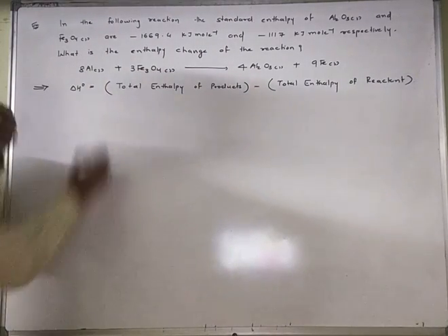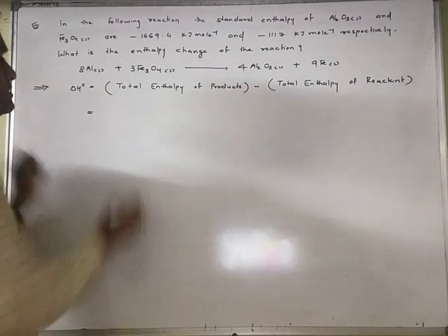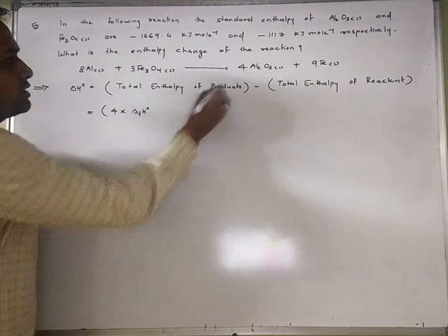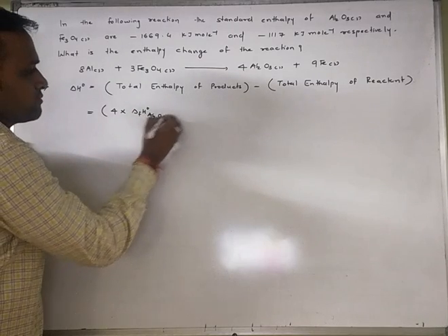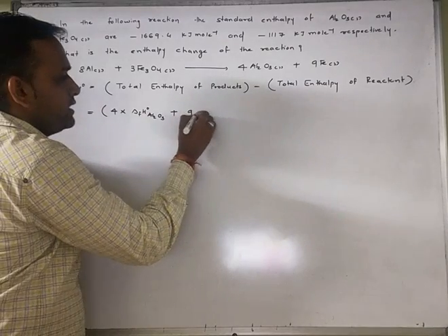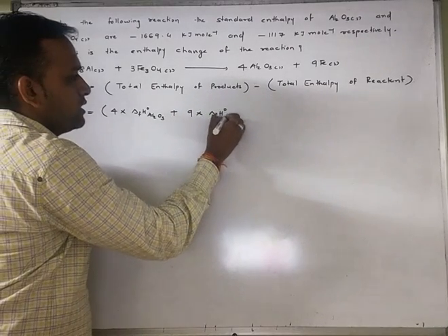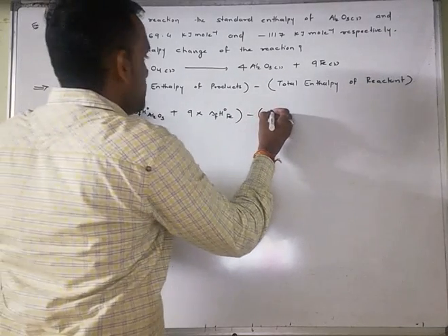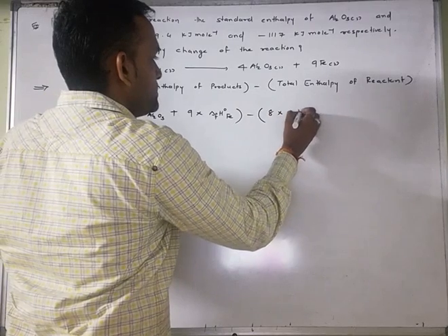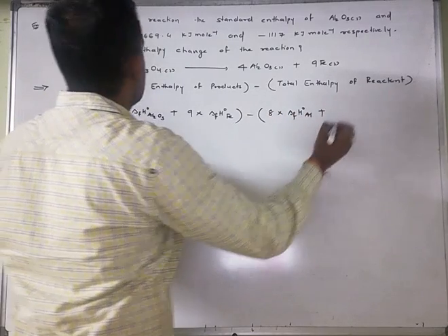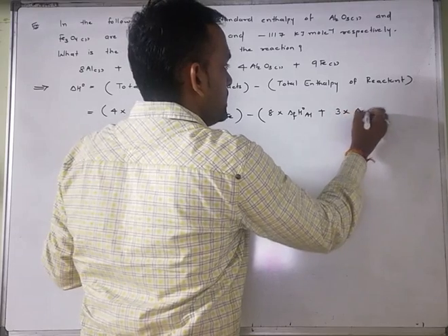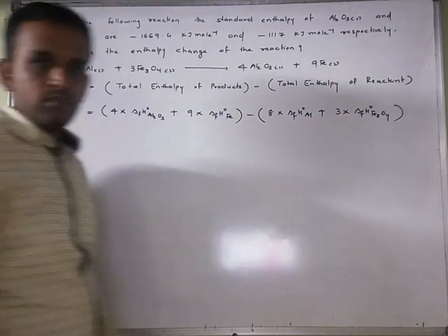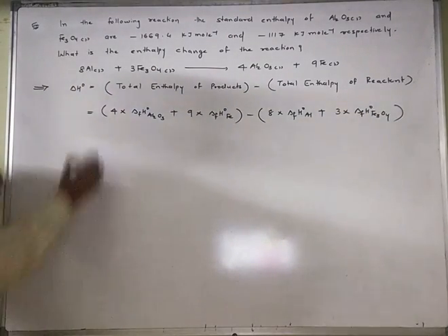Now here यहाँ पे देखो, enthalpy of product means you have to write down 4 into delta FH0 Al2O3 plus 9 into delta FH0 Fe, minus 8 into delta FH0 Al plus 3 into delta FH0 Fe3O4. Okay, right?